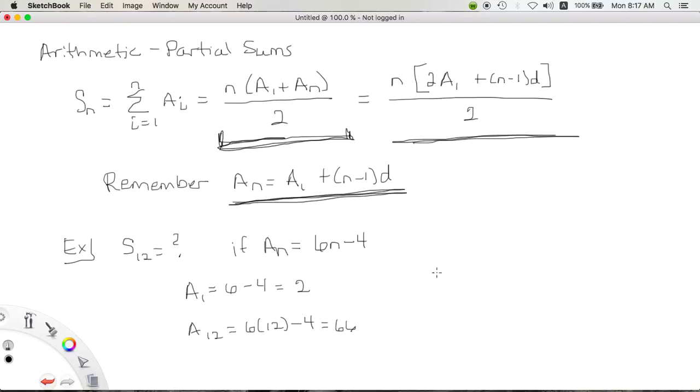So then we can plug it into this formula and we have 12 times 2 plus 66, all divided by 2, and this cancels and we have 6 times 68.